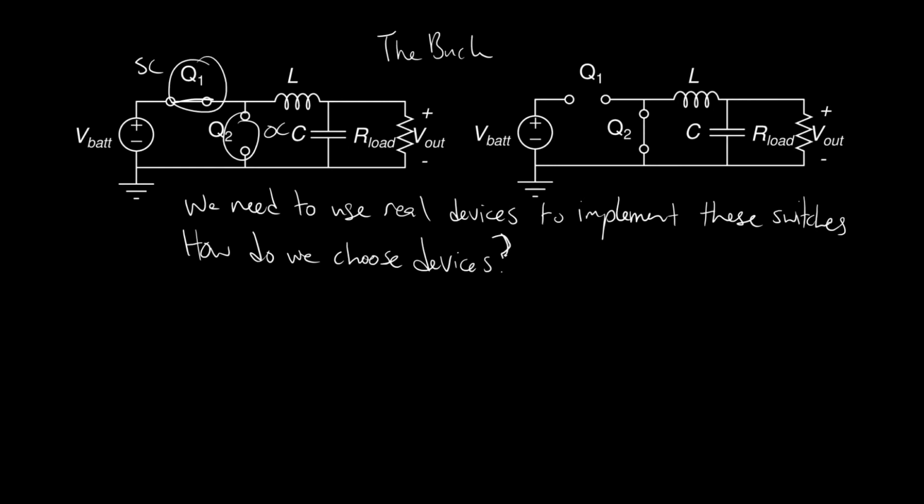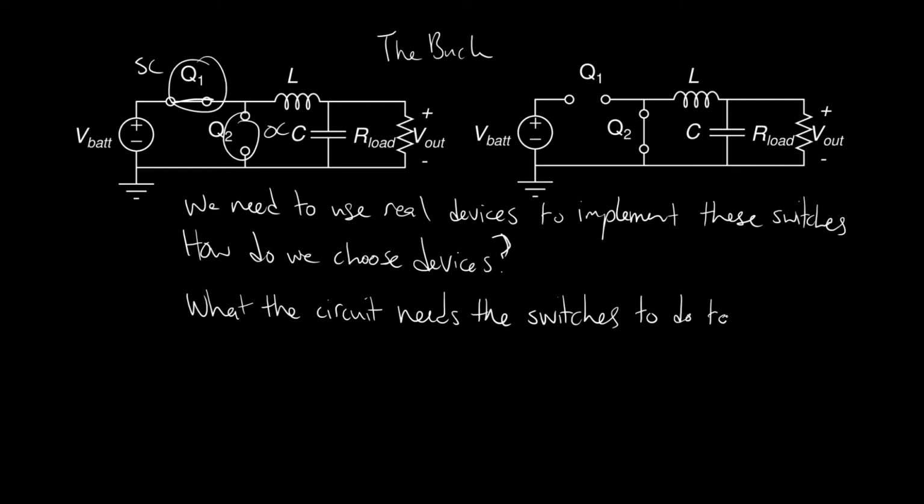Well, the way I'm going to discuss it is how it's done in Fundamentals of Power Electronics, where we look at what the circuit needs the switches to do to operate, right?